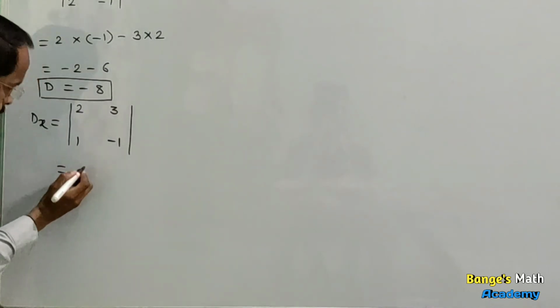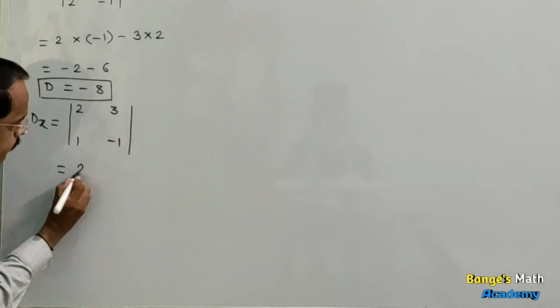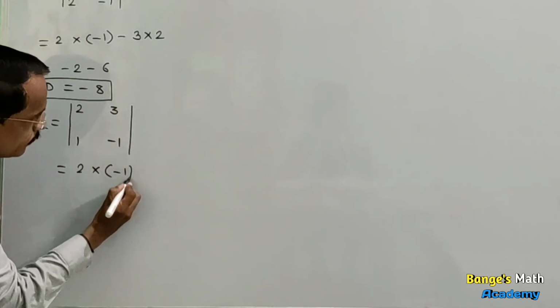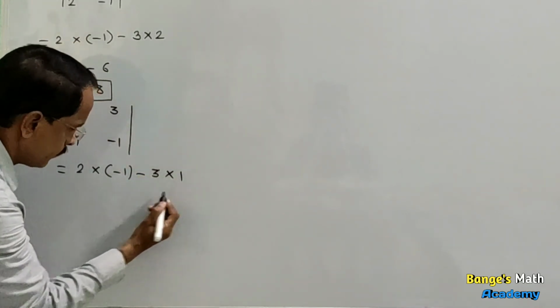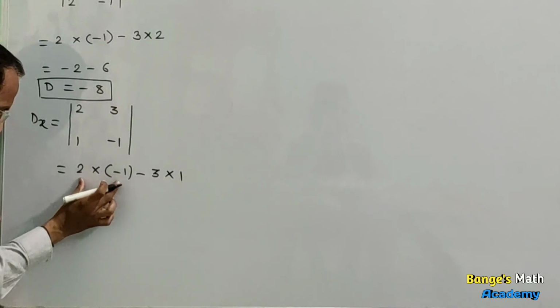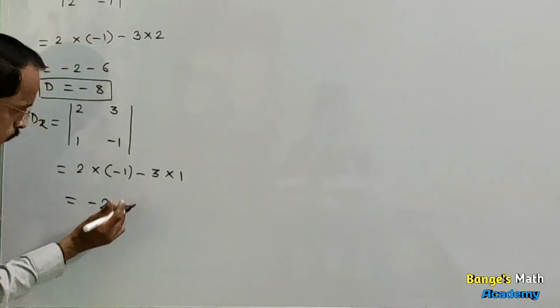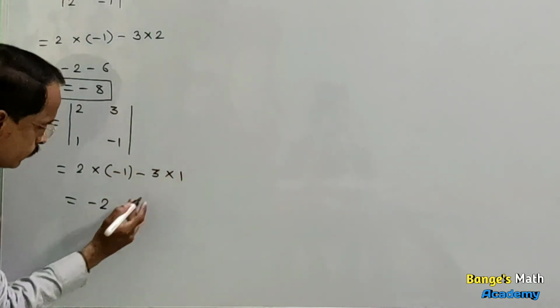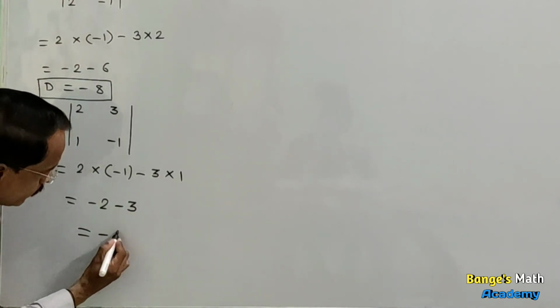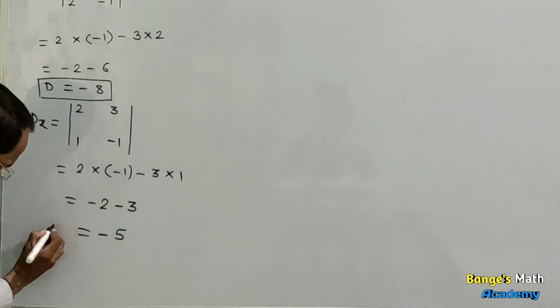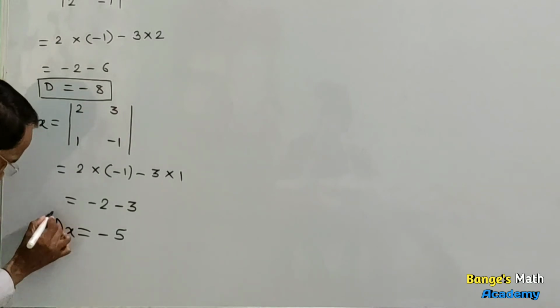Simplify this. 2 into minus 1, minus 3 into 1, is 2 into minus 1 is minus 2, minus 3 into 1 is minus 3, minus 2 minus 3 is minus 5. We get dx.